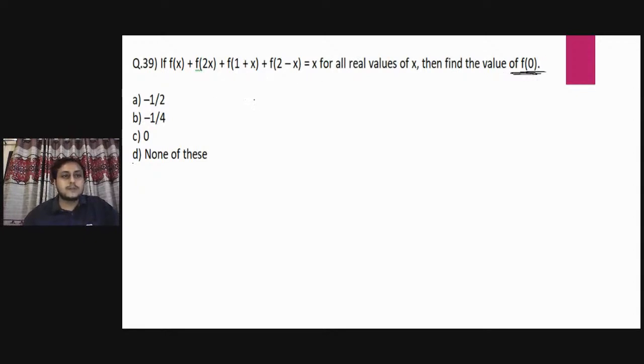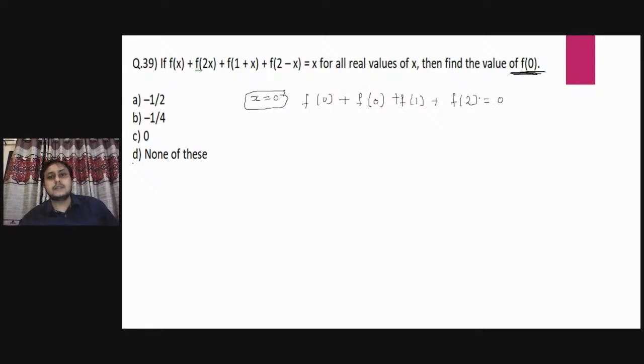So guys, what to do? Just put x equals to 0 in this equation. Basically in this function, the function is f(x) + f(2x) + f(1 + x) + f(2 - x) equals to x. Put x equals to 0. So what we'll get? f(0), f(2 into 0) means f(0), f(1 + 0) means f(1), f(2 - 0), 2 minus 0 is f(2), right?